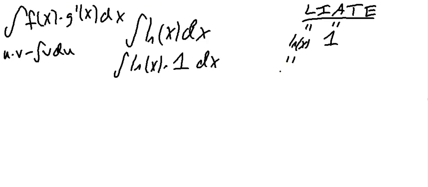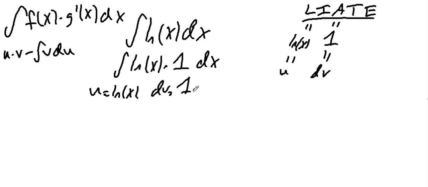Since ln comes first, it's our u, and 1 is our dv. So we take the derivative of u, the derivative of ln of x, which we know is 1 over x. And the integral of dv is v, which is the integral of dx, which we know is x.